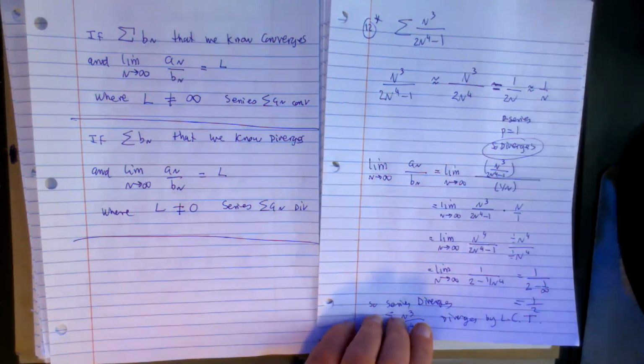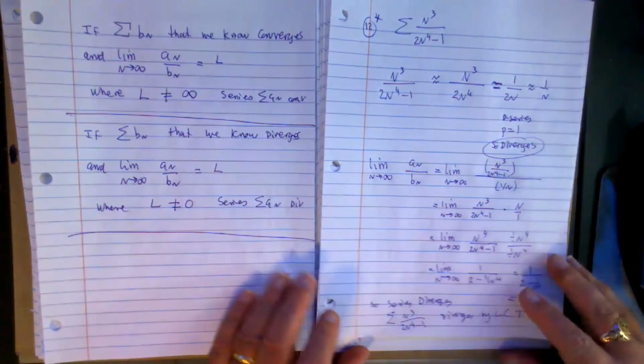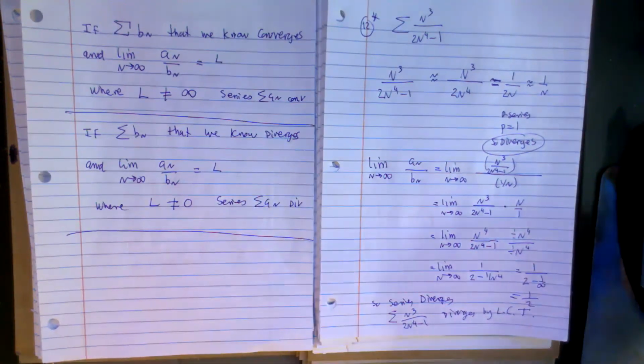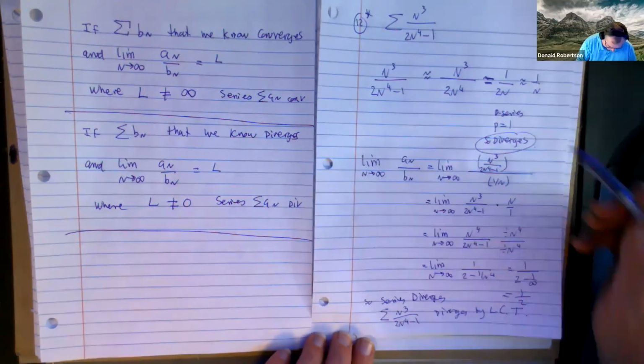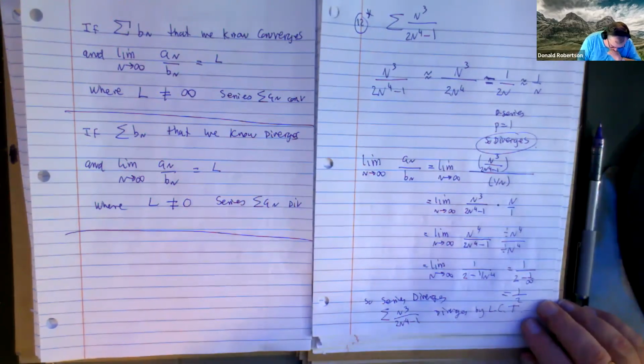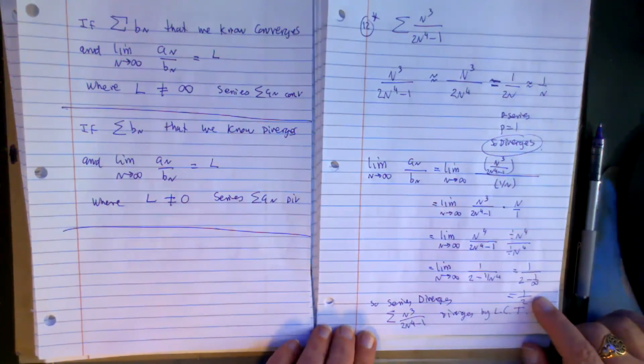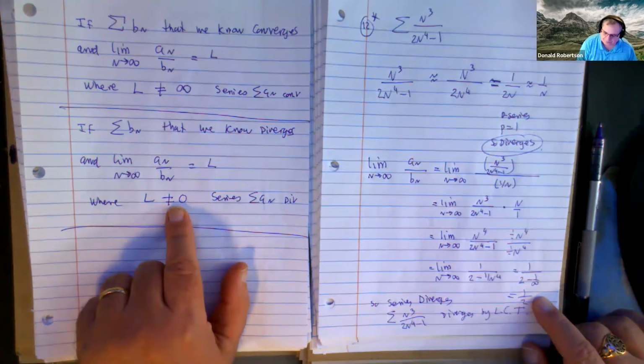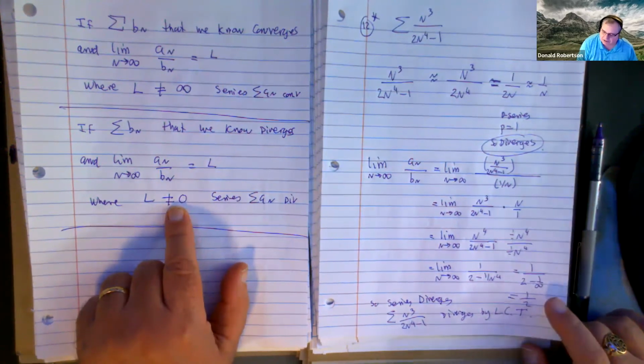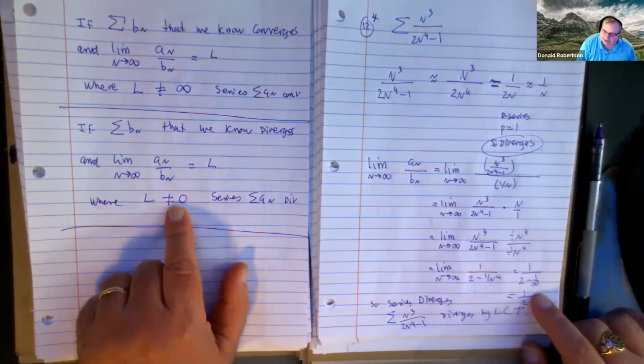So in that last one, you dealt with if the sum of B of N that we know diverges, and the limit of A of N divided by B of N equals L, it didn't equal 0. And that's why you said the series diverges. Correct. As long as this isn't 0, it diverges.